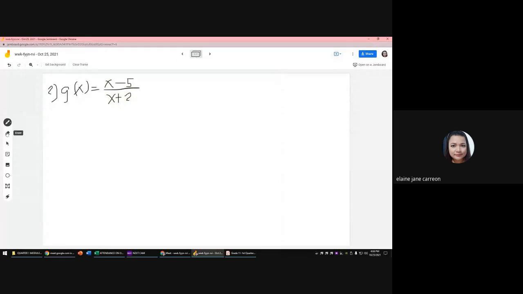Okay, so let's find the inverse first of this function. So y is equal to x minus 5 over x plus 2. And then let's switch them: y becomes x and x becomes y. So x equals y minus 5 over y plus 2.